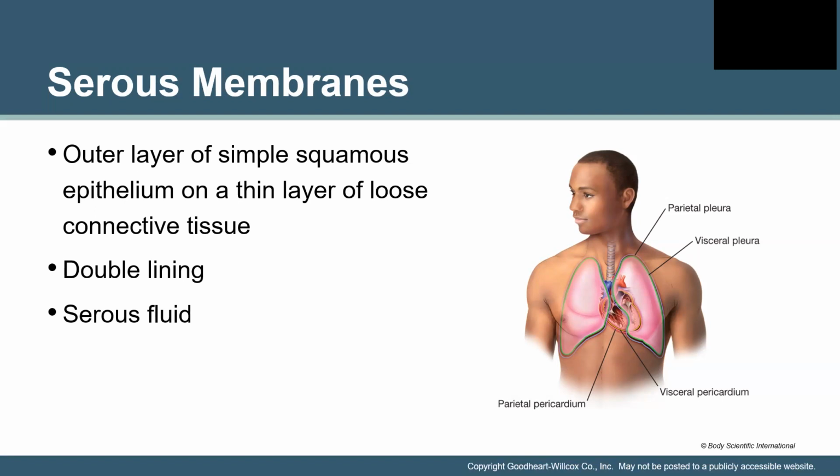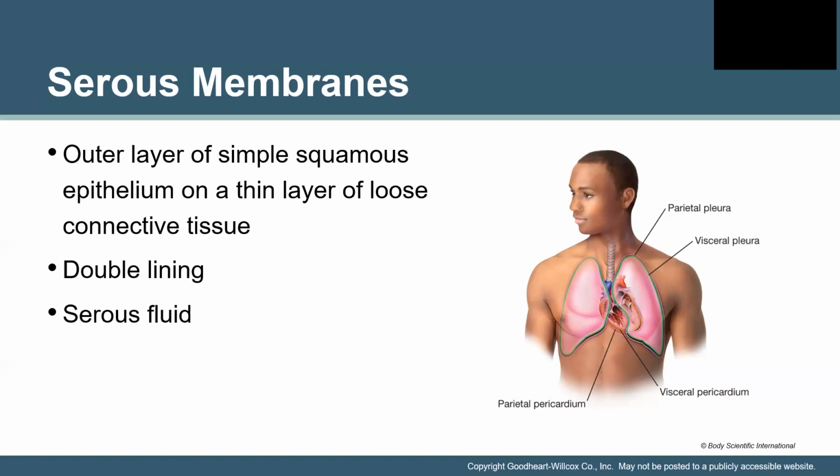In our cavities, we will see serous membranes in a double kind of lining. This type of membrane, for example, if it's around the heart, would be part of the composition of the pericardium. Now, the serous membrane that surrounds the heart will have a layer of this type of tissue that comes right in contact with the cardiac myocytes or the cardiac cells.